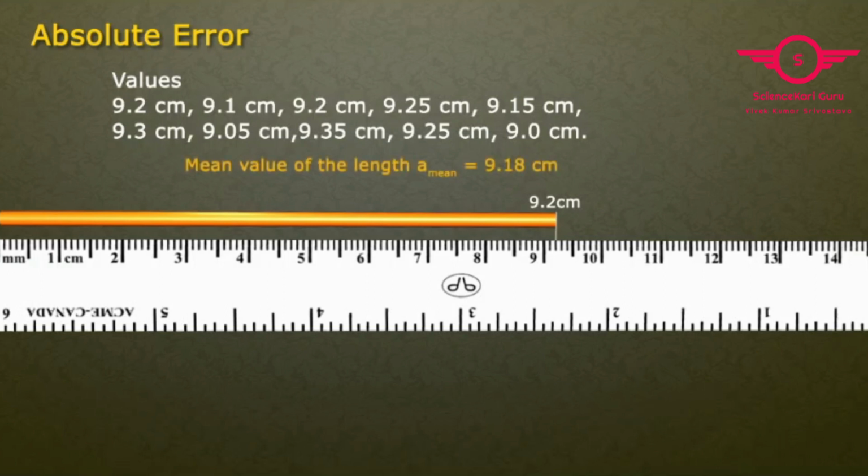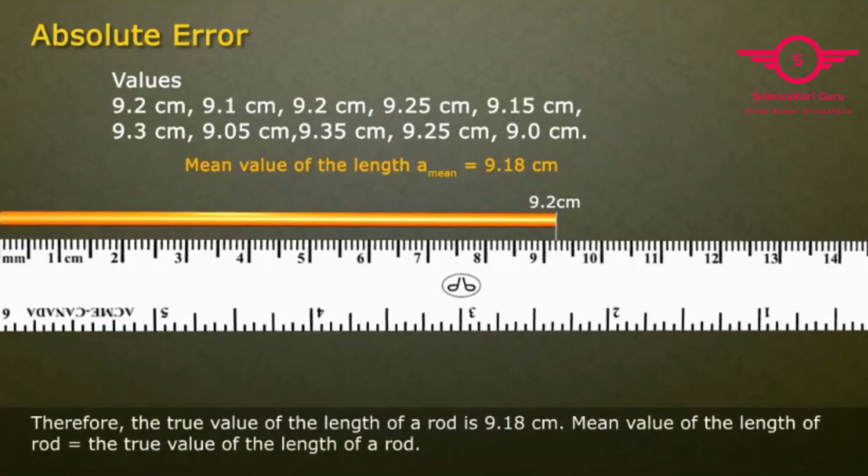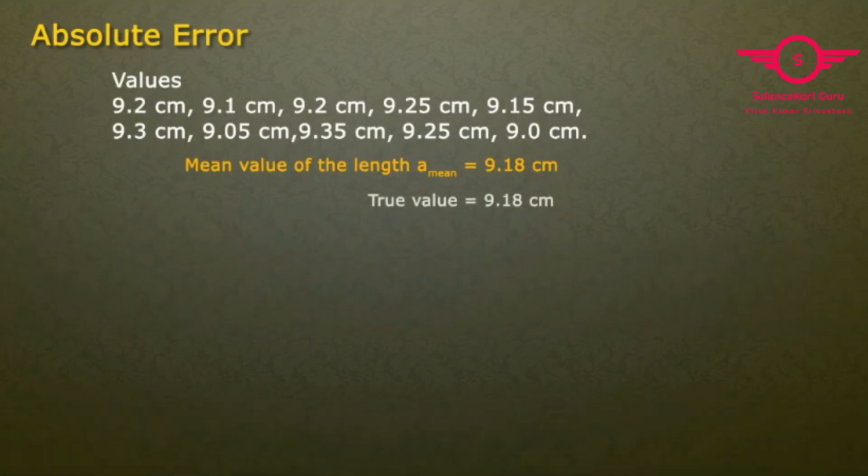Mean value of the length, A mean, is equal to 9.18 centimeter. Therefore, the true value of the length of a rod is 9.18 centimeter, because the mean value of the length of the rod is equal to the true value. True value is equal to 9.18 centimeter.